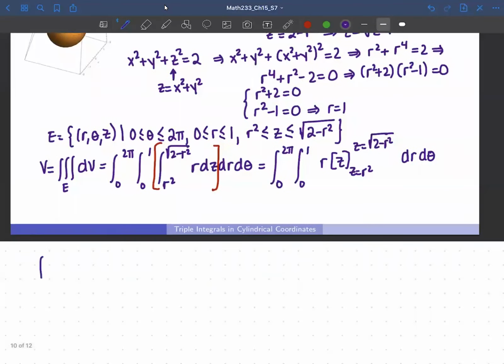And that gives us the integral from 0 up to 2 pi, and the integral from 0 up to 1. Now we have r times the square root of 2 minus r squared, minus r times r squared, which will give us r to the third, times dr d theta.